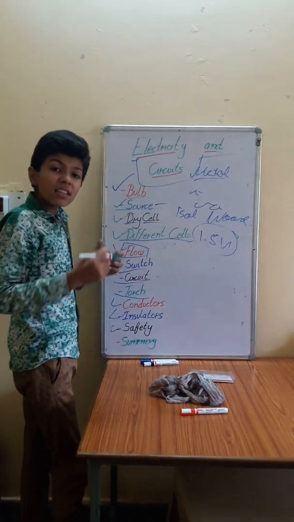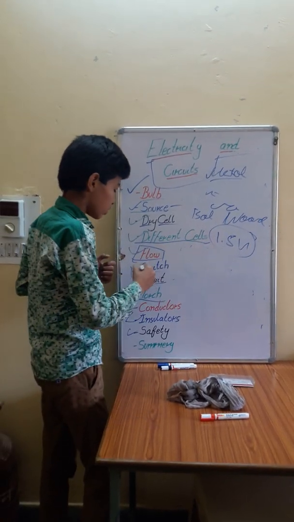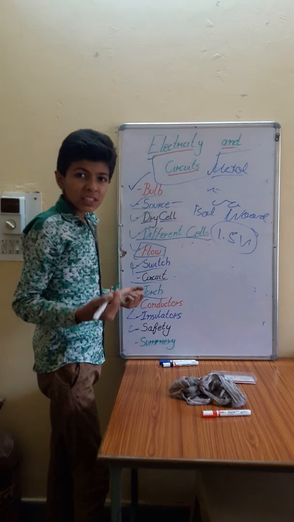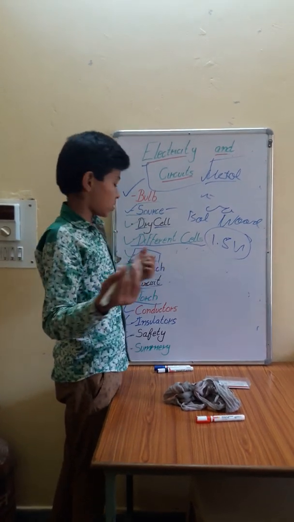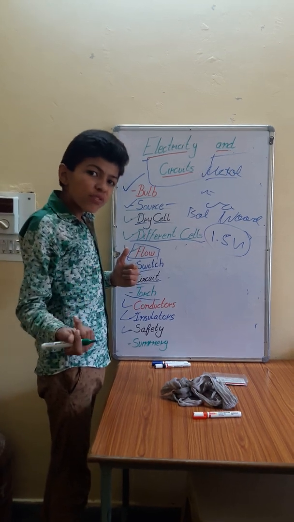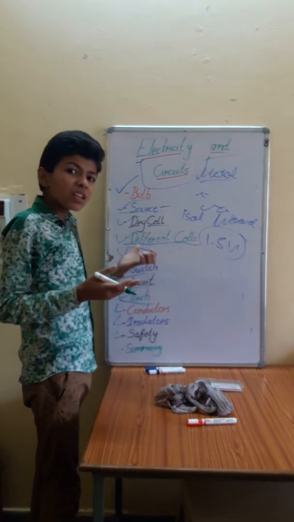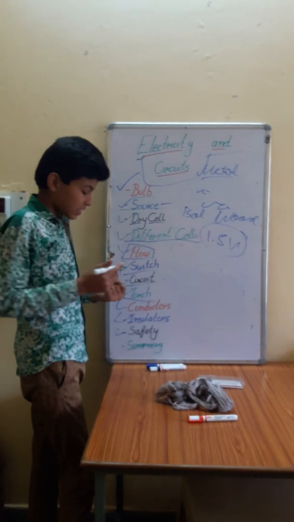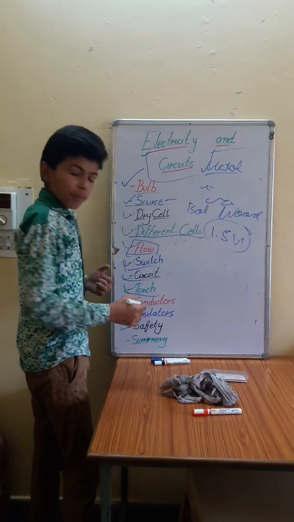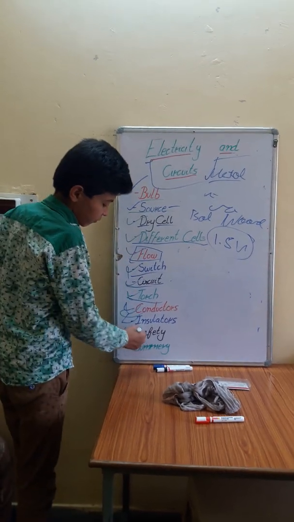Flow: what are the things we require to make electricity flow? Switch: what is a switch? How can we make a homemade switch? Circuits: what is a circuit? What are the two types of circuits? Torch: how does it work? What is inside it? Conductors, insulators, and the most important, safety.